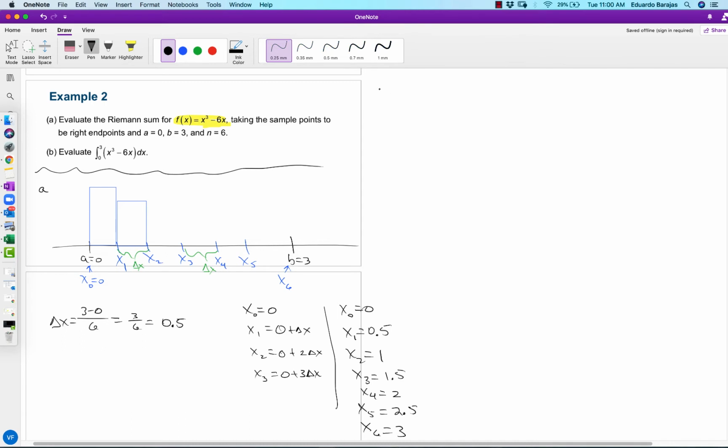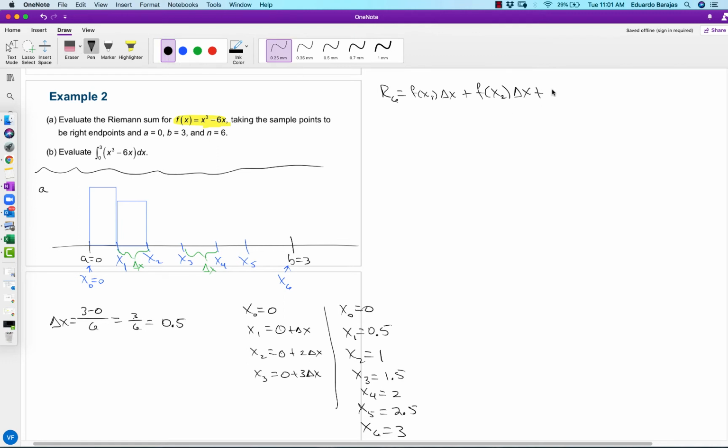So that means that R sub 6, since we're going to use 6 rectangles, represents the sum of the rectangle areas. Well, that's just going to be f of x sub 1 times delta x plus f of x sub 2 times delta x plus all the way out to the last one. Actually, I better not use dots and just write them down.